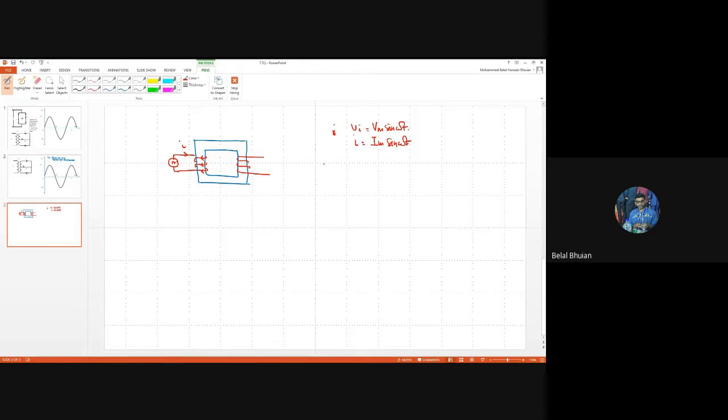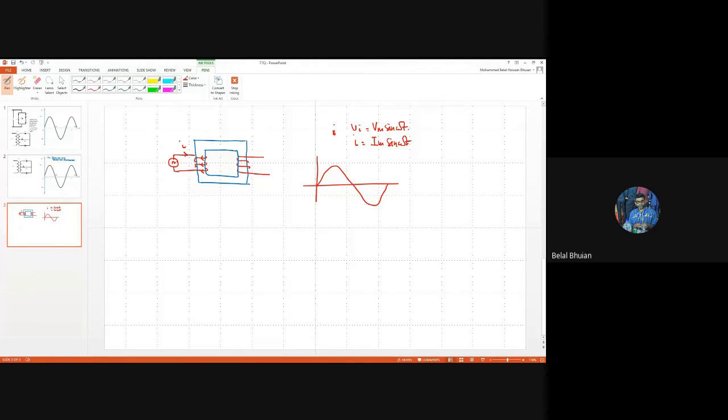So that means a current will be flowing. Now notice the current itself is what? Sinusoidal. The AC signal is sinusoidal, the corresponding current is sinusoidal. So we have a sinusoidal current flowing through the circuit.